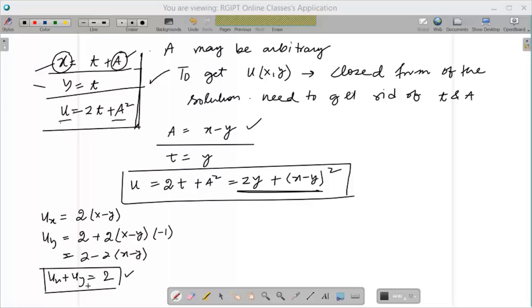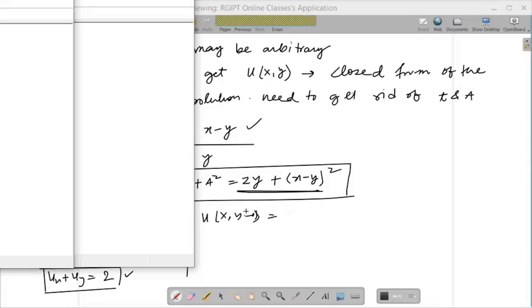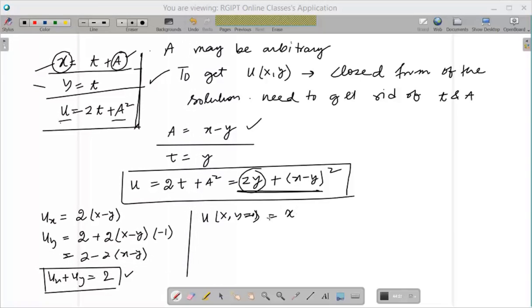So this is satisfied. And check the condition given, u at (x, y = 0). What do I get? y is equal to 0, so this term goes away, and it gets x squared. That's another condition that needed to be satisfied.